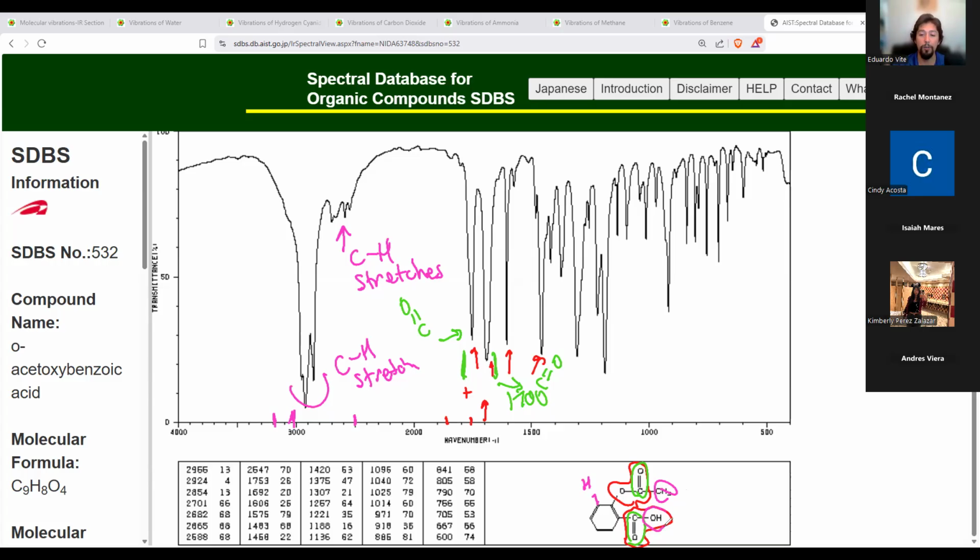What else? I see this OH right here. There should be an OH signal. Well, it's what kind of OH? What kind of hydroxide is this? A bit hard to see with all the colors I put around it. But what kind of OH is that down here? I'm gonna use blue. This one. What kind of OH is this? What's the name of the functional group, this whole thing?